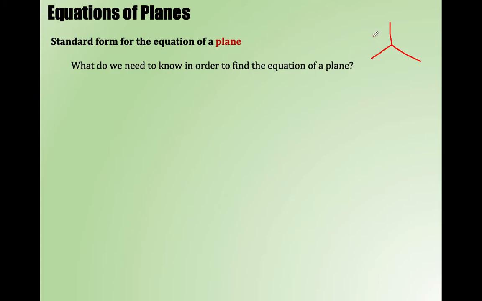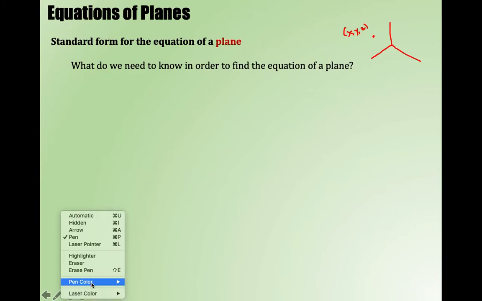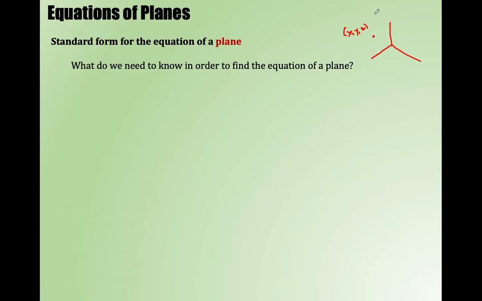What we were just doing was giving you a point X, Y, Z, and let's say I gave you another point here, and I wanted you to write the equation of that vector. What did we do? You needed the point and the direction vector, which is kind of like your slope.